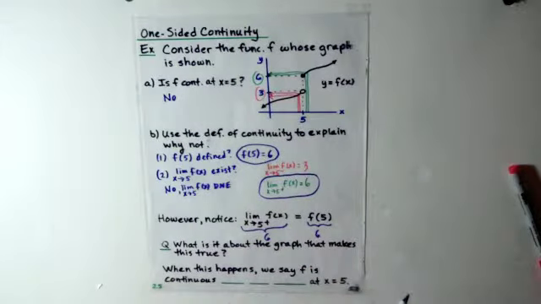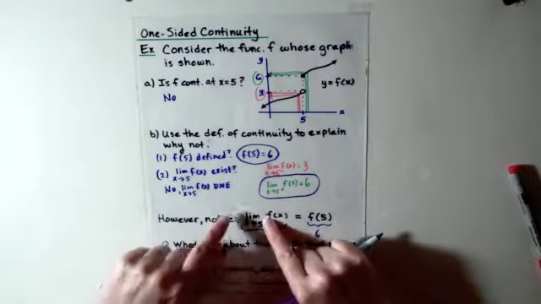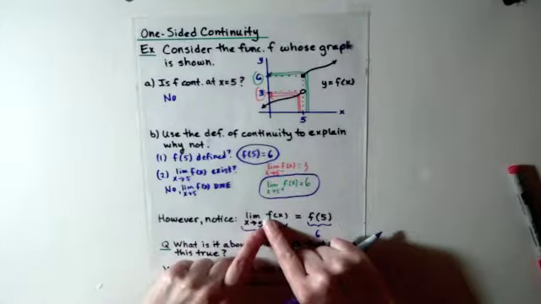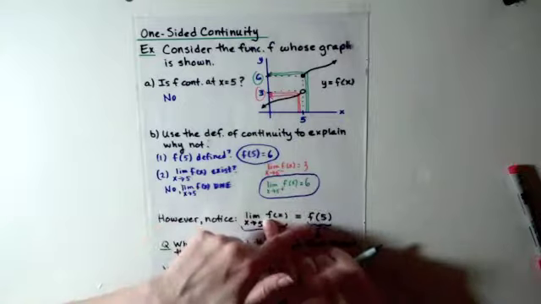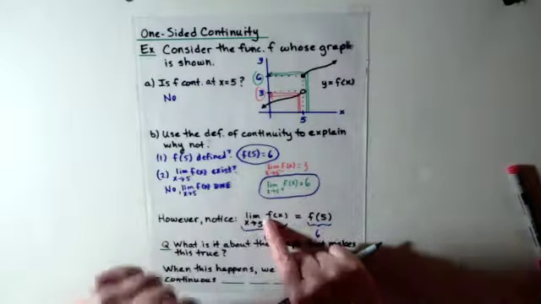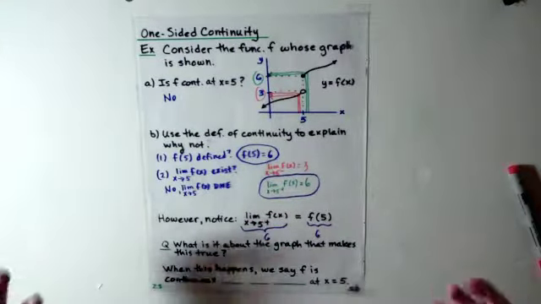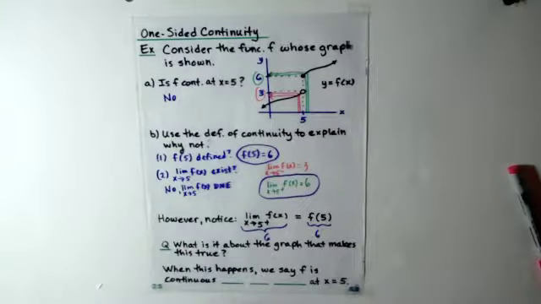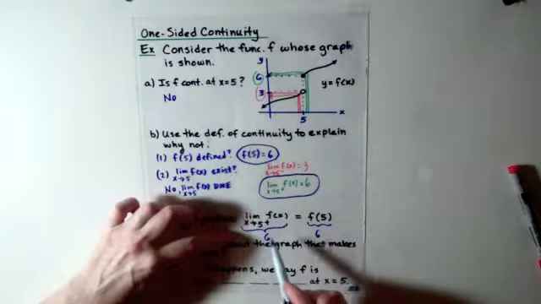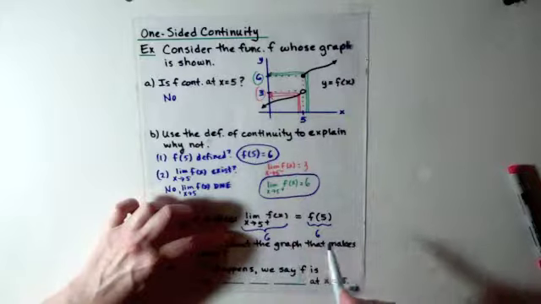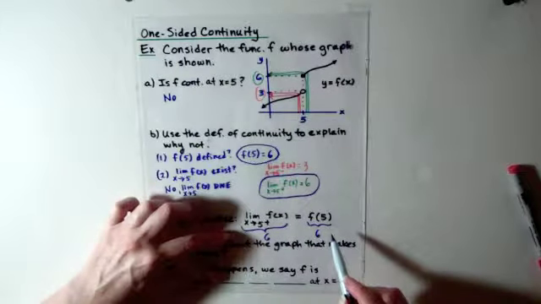For the function to have been continuous at x equal 5, the overall limit as x approaches 5 from both directions of f of x would have had to exist, and it would have had to equal the value of the function at 5. Well, we know that doesn't happen in this case. However, the limit from the right exists and equals the value of the function at 5.